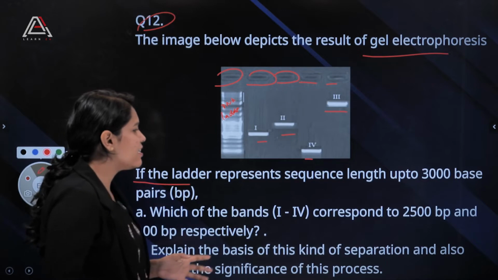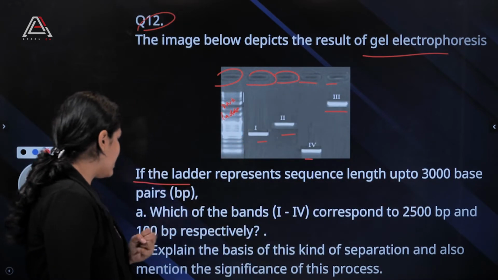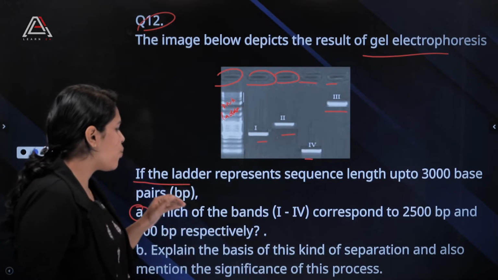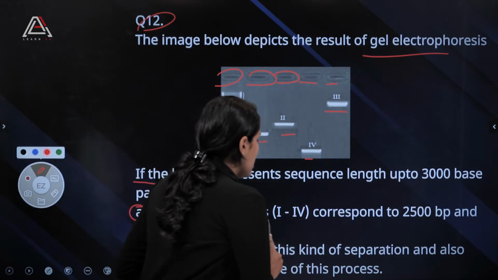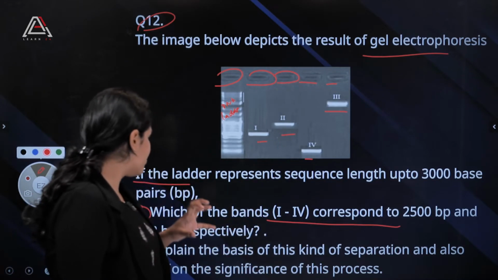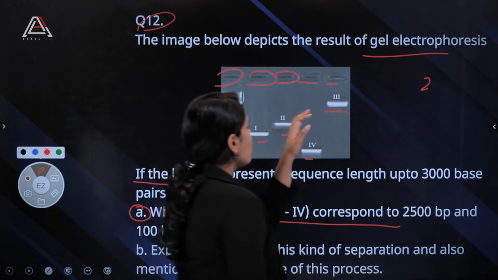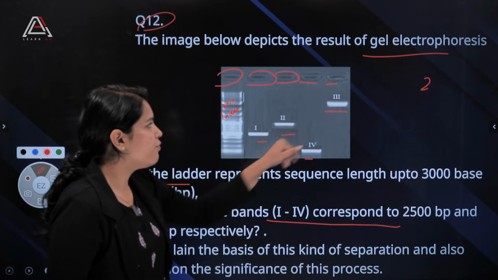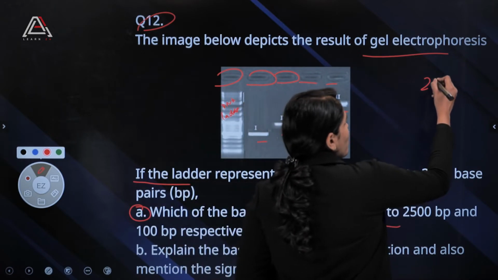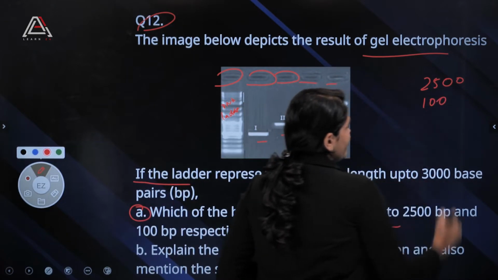If the ladder represents the sequence length up to 3000 base pair, the first part of the question is which of the bands correspond to 2500 base pair and to 100 base pair. They are just asking which of these, 1, 2, 3 or 4, corresponds to 2500 base pair and to 100 base pair.